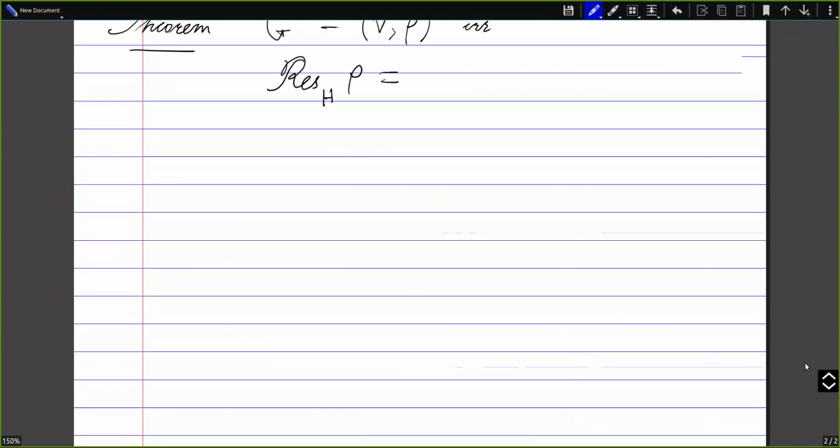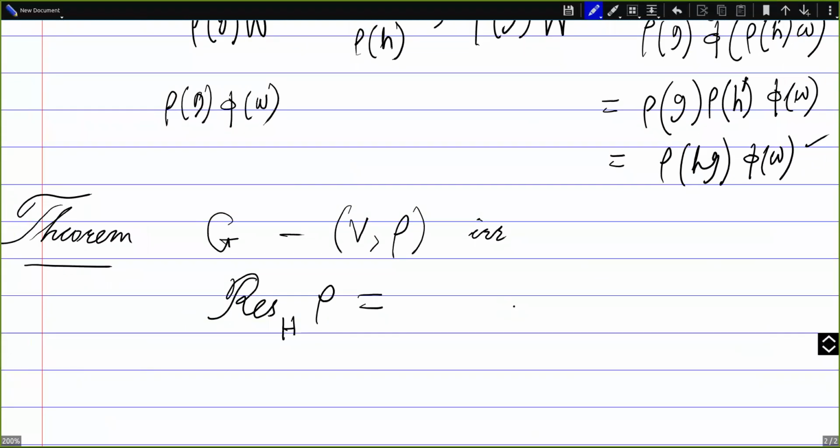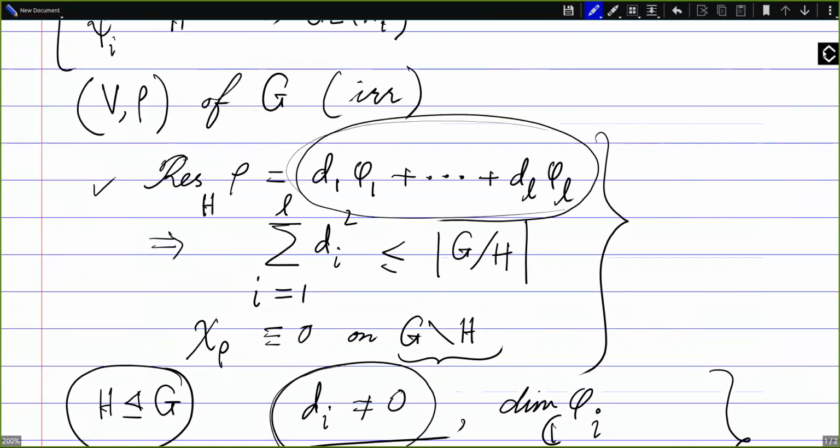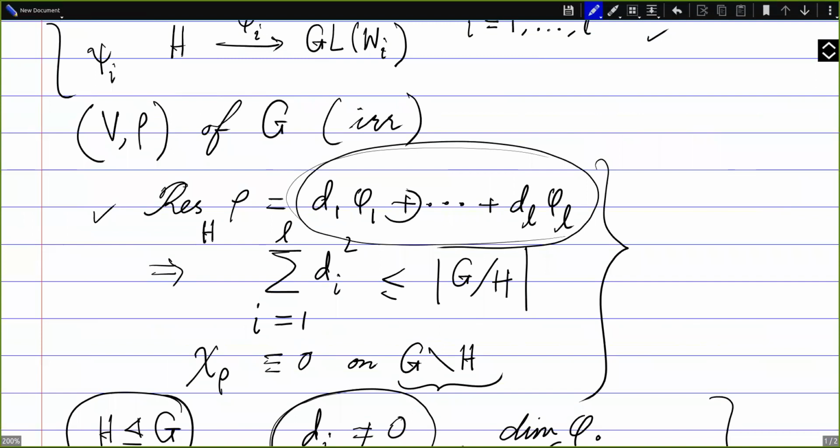So this will have the form D1 phi 1, D2 phi 2, up to DL phi L, and isomorphic to that.